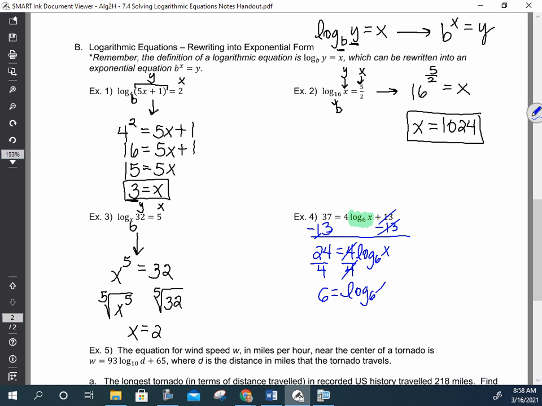Log base 6 of x. So let's pause for one moment. Give some folks a moment to catch up. Any questions so far? So far, hopefully pretty easy peasy.